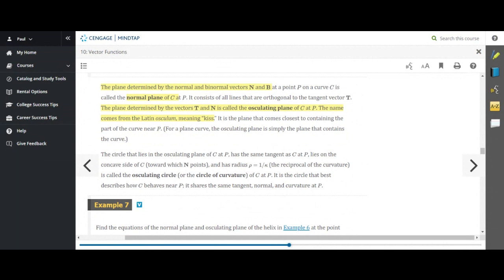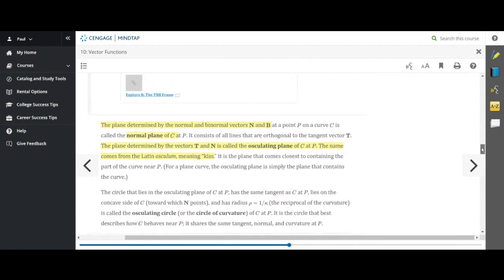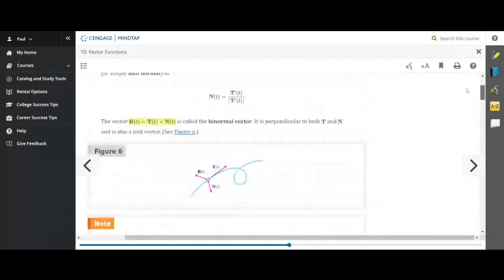So there are two key planes that we want to worry about. First is called the normal plane. The normal plane is the plane determined by the normal and binormal vectors. The way I think about it, let me go back to this picture because I like that picture.